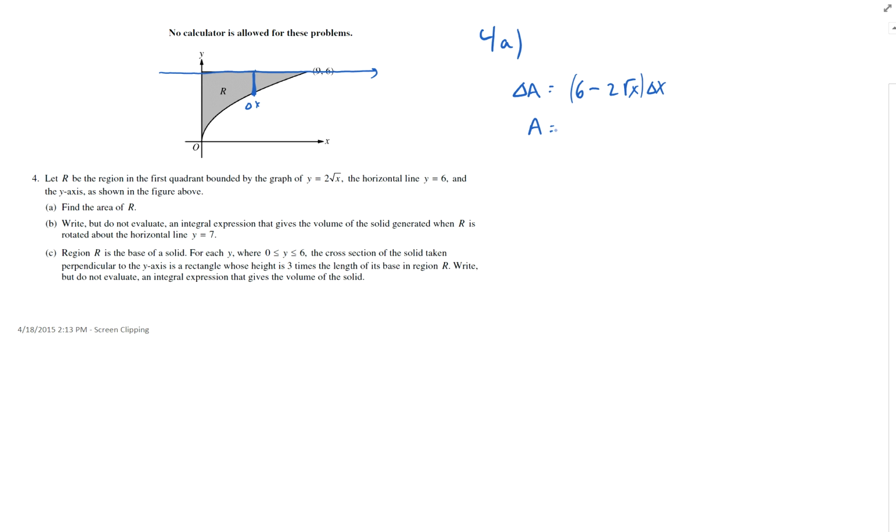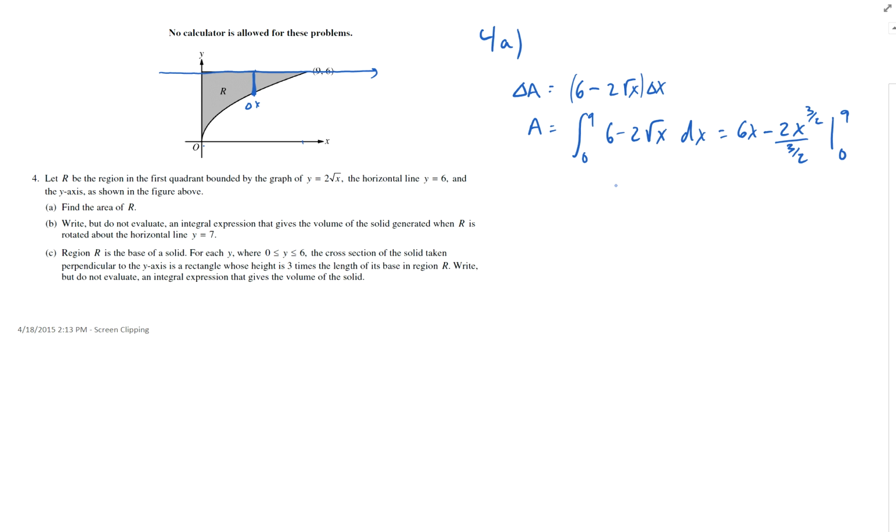So the area is simply the integral from 0 to 9, top function minus the bottom function, dx. And since this is no calculator, we have to do this by hand. So we got 6x minus, now remember square root of x is x to the 1/2, so this is going to be 2x to the 3/2 divided by 3/2 from 0 to 9.